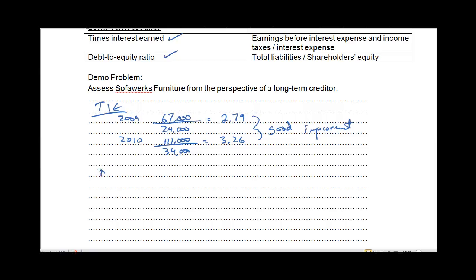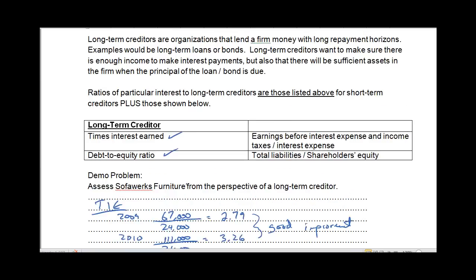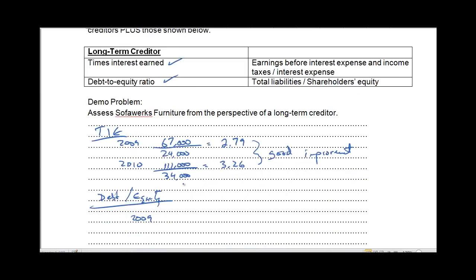And then there is the standard debt to equity, and again, that's going to be total liabilities divided by total equity. Just shareholders' equity.